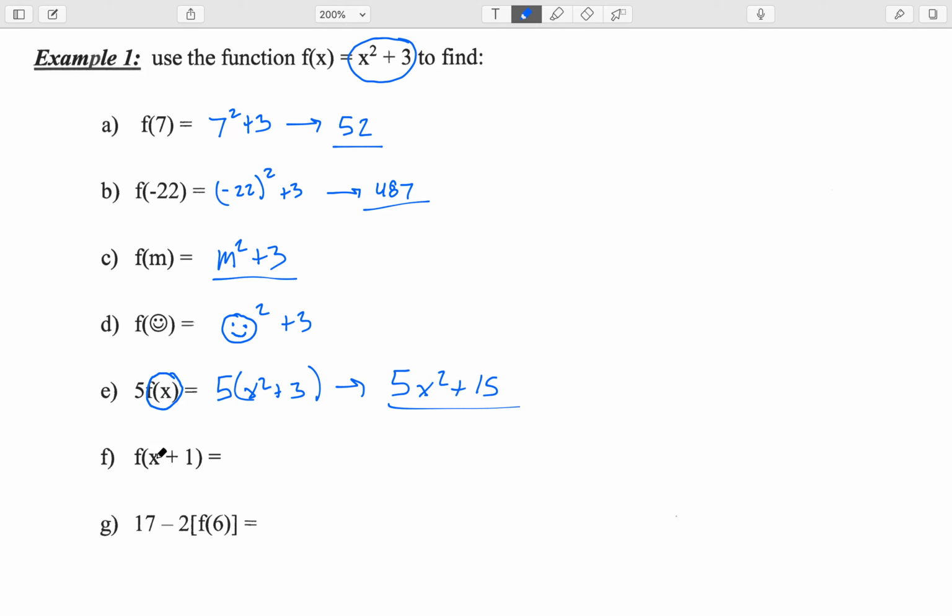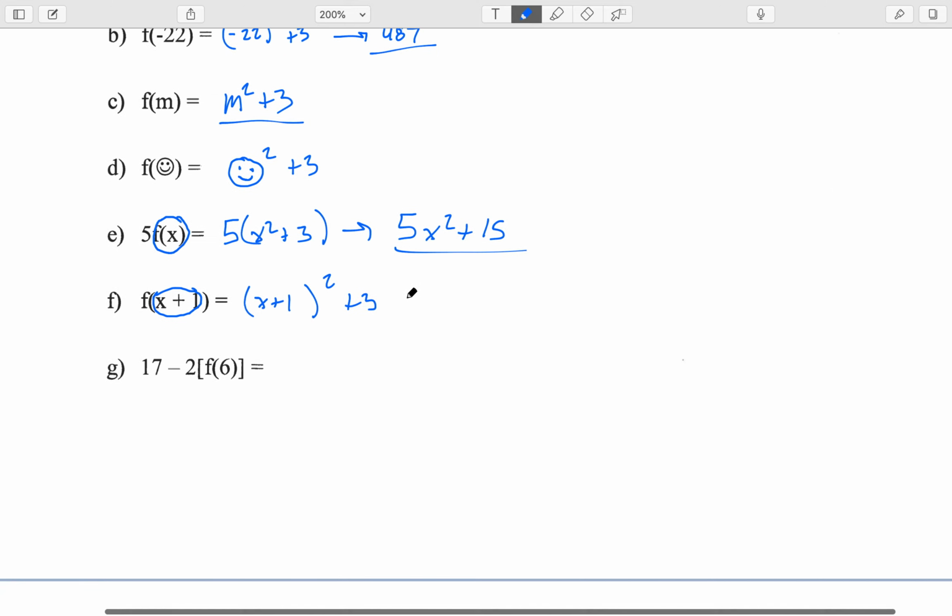Okay, what about this one? F of x plus 1. So in other words, x plus 1, I'm going to go back to here, and that's what I'm plugging in into here. So instead of plugging in m, or happy face, x plus 1 is going to get plugged into there. So here's what I get. It's x plus 1 squared, and then plus 3. Now, can I expand that all out? Sure can.